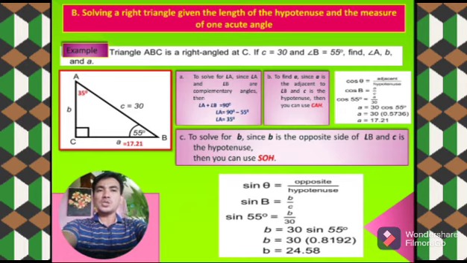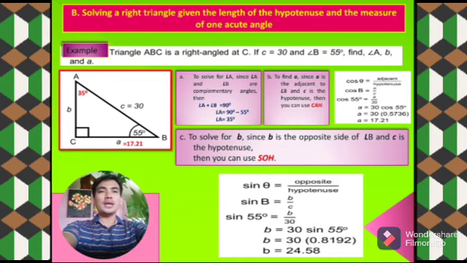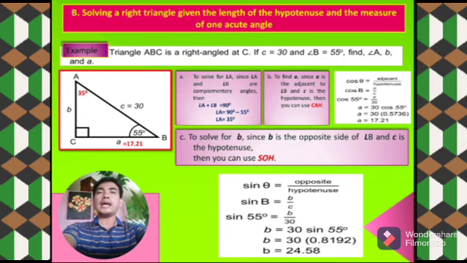As we substitute B over C, that would be sine 55 degrees is equal to B over 30. Cross multiplication, you would have therefore B is equal to 30 times sine 55 degrees. By simplifying, you would have side B is equal to 24.58. So that would be then our length of side B. You got it?